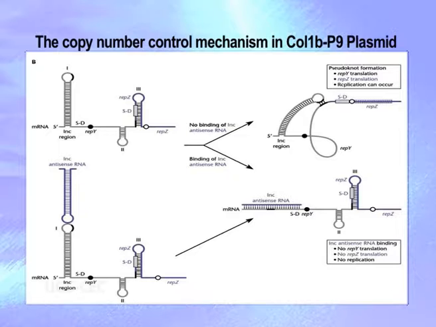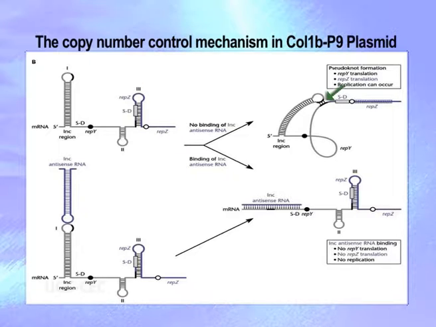On the other hand, the Shine-Dalgarno sequence for the Rep-Z protein, which is really needed to initiate the process of replication, is occluded. Here we see that there are certain elements in the loops of structures 1 and 3 which can form base pairs among themselves.